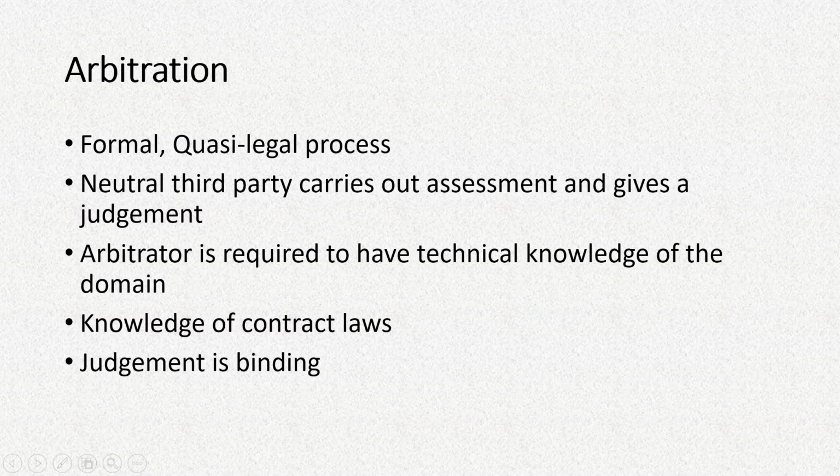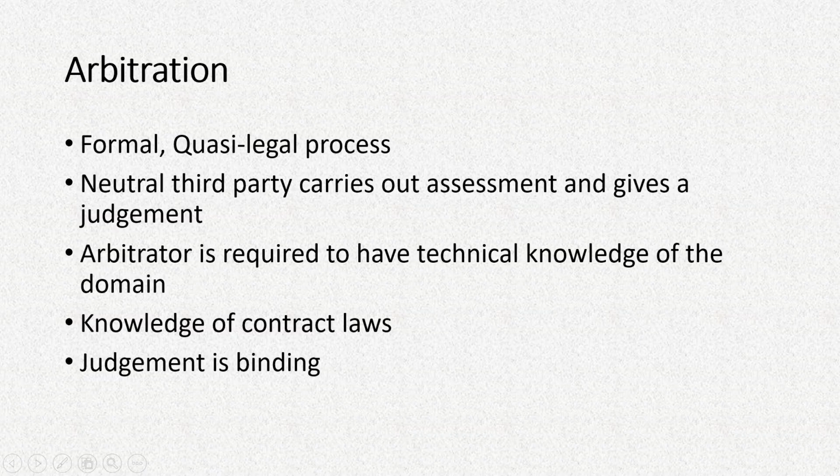Now if the judgment is accepted by both parties, then they will accept it and act accordingly. So documents will be signed in the presence of the arbitrator and both the parties or their representatives and witnesses, and later on that will be carried out, put into practice.